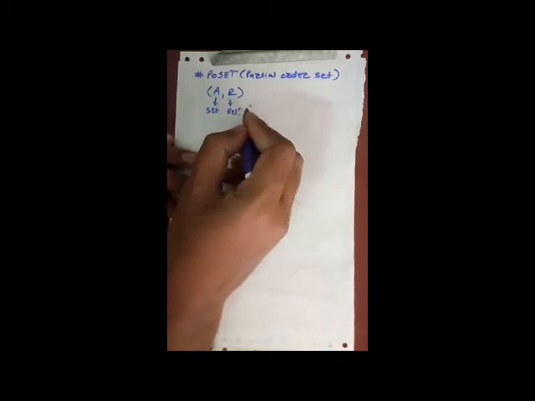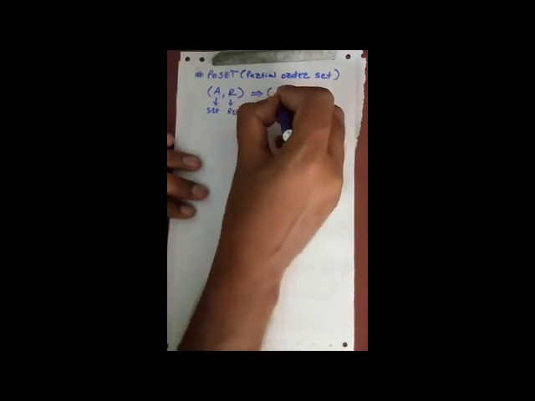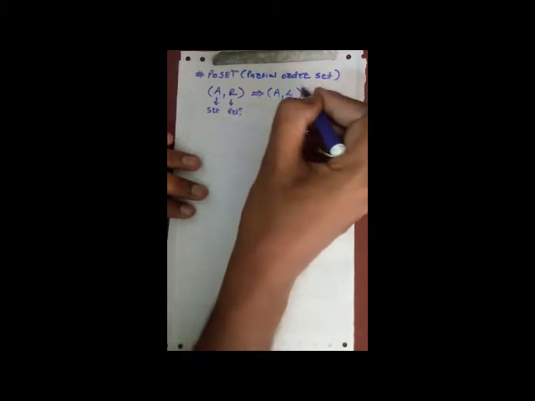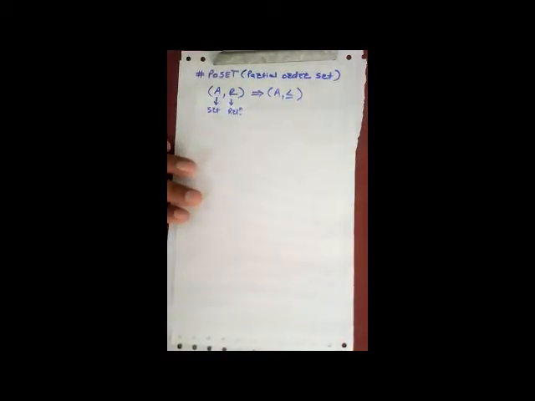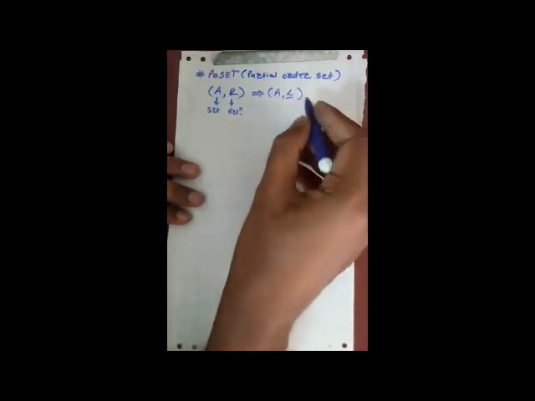In that case, A is the set and R is any relation. Generally, many times it is represented like (A, ≤). So here A is the set and less than or equal to is a relation, right?